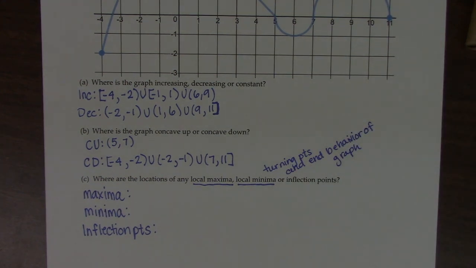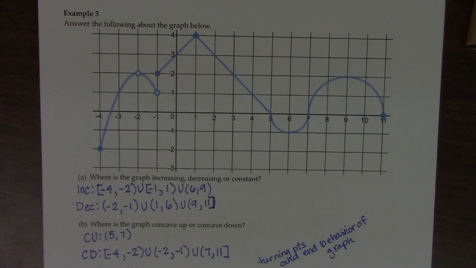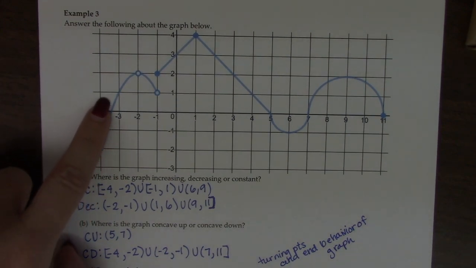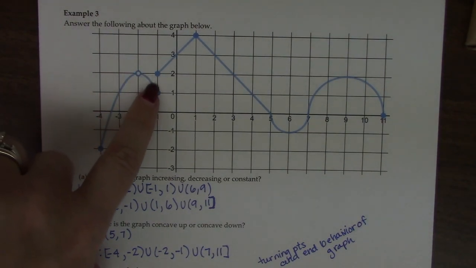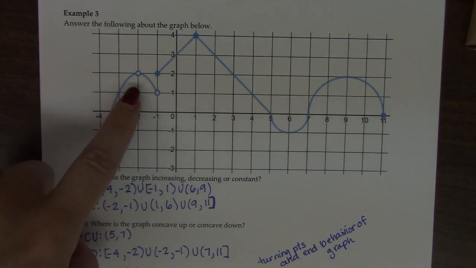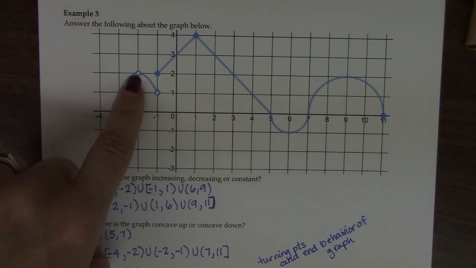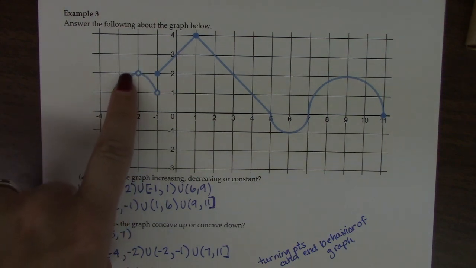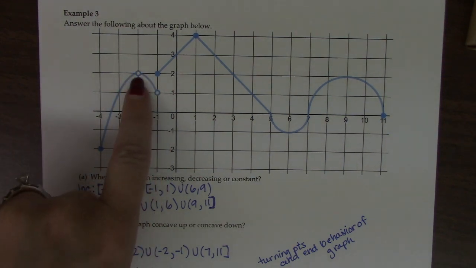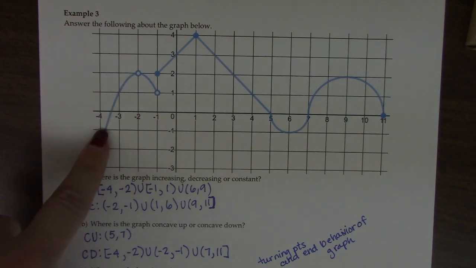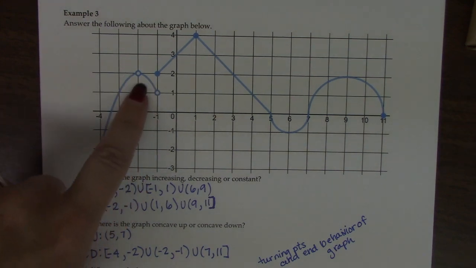Let's deal with the maximums first. This graph comes up, bends, and comes around. It looks like a maximum here. However, the graph doesn't exist there, so I would not call this a local maxima. If this line were solid all the way around, then we would say we have a local maxima there. But the graph approaches this value from both sides and never quite gets there, so I would be hesitant to list this.